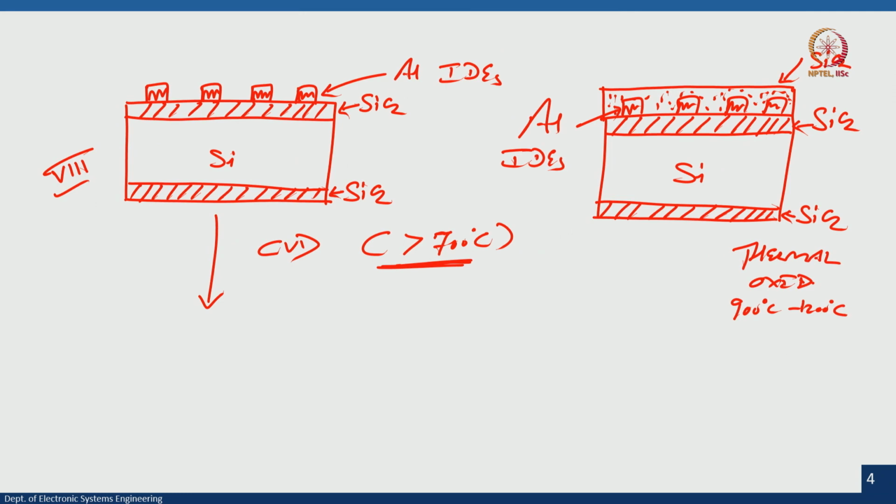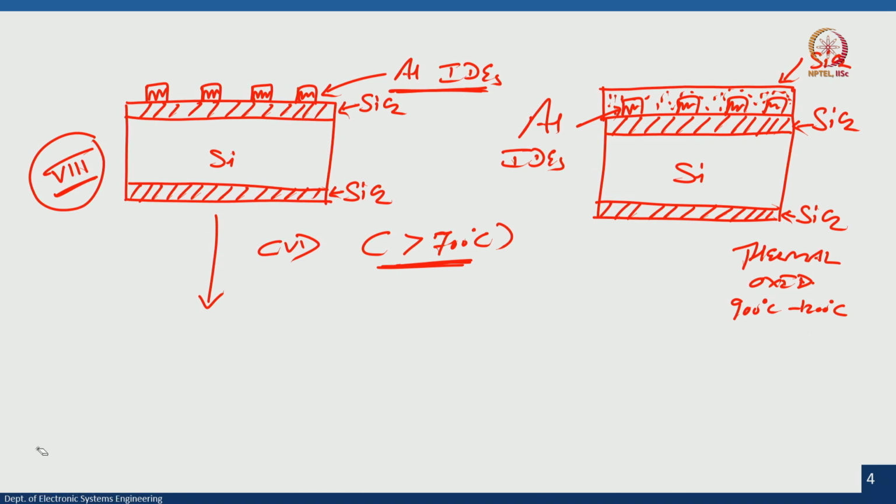If I heat this particular wafer, which has reached step number 8, at 1200 degrees centigrade, 900 degree, even at 700 degrees centigrade and above, what will happen? The aluminum interdigitated electrodes will melt, because aluminum melting point is comparatively lower. So, in this case I cannot use my thermal oxidation technique.